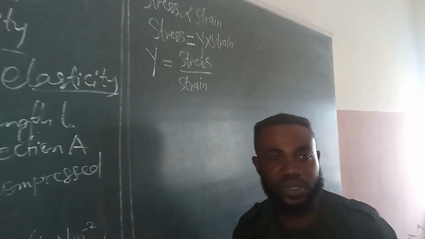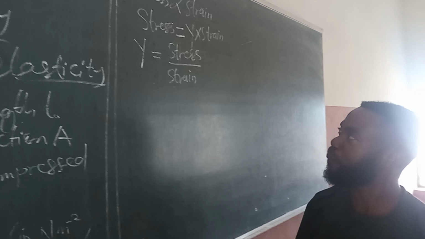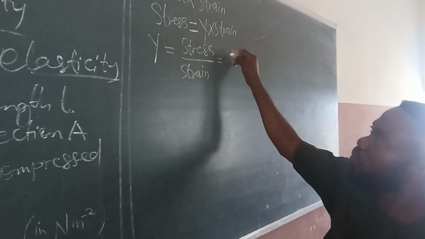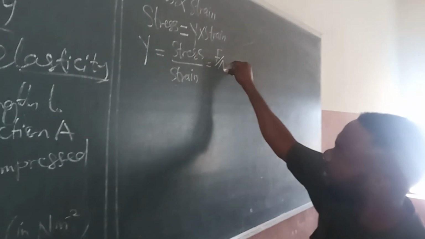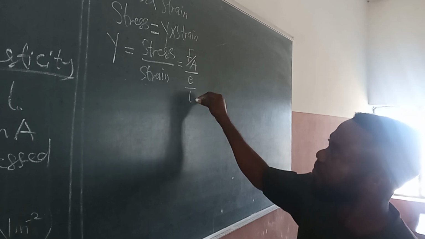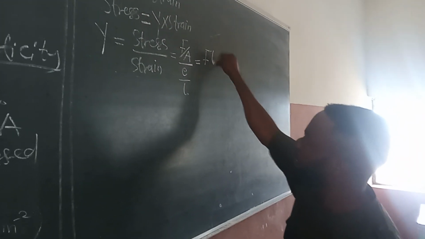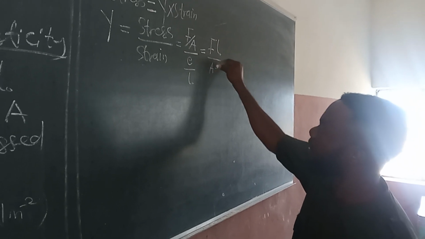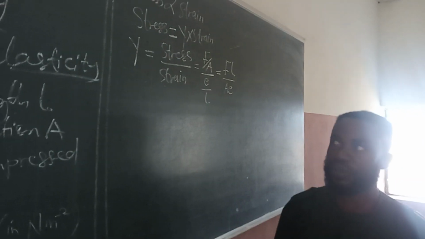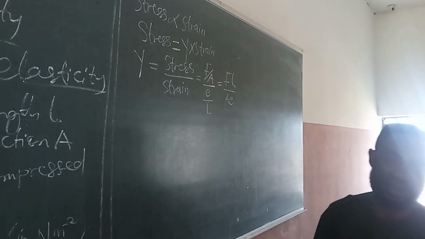So Young's modulus is defined as the ratio of stress to strain. And of course, we know that stress is F over A, while strain is e over L. Therefore, Young's modulus can be expressed as FL divided by Ae. This is the relation for Young's modulus. Take note of it to calculate Young's modulus or any of these parameters.